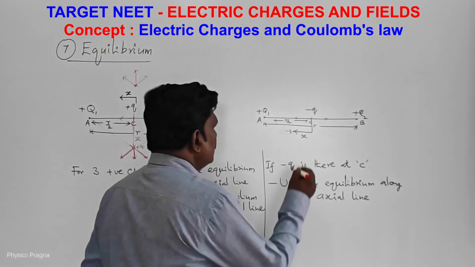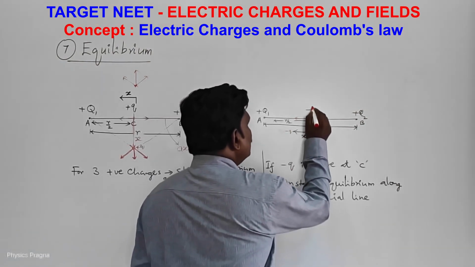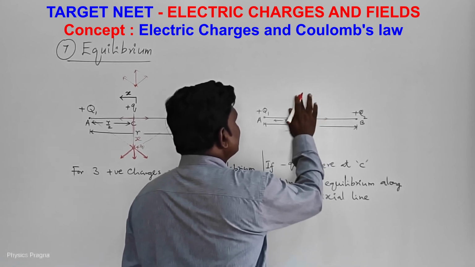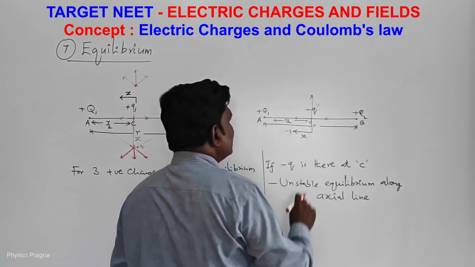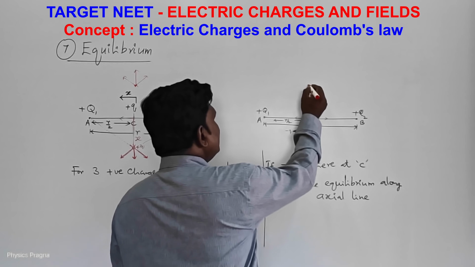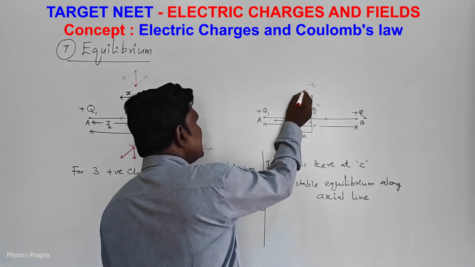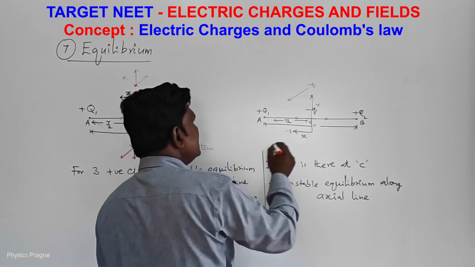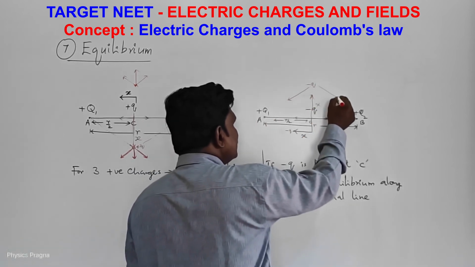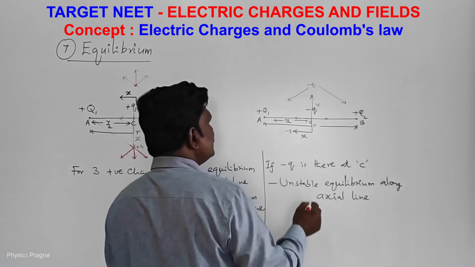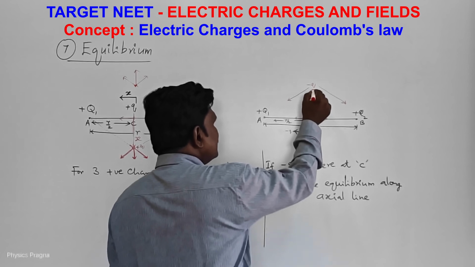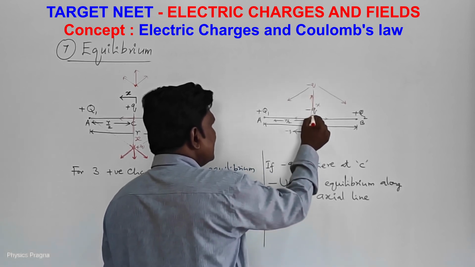What if this minus q is moved like this, x distance? So this minus q came here. This positive charge will attract this negative charge. This positive charge also attracts this negative charge. So the negative charge will come back.